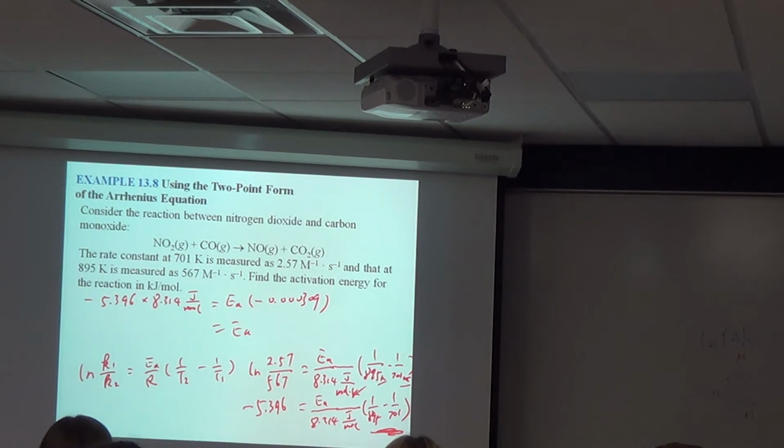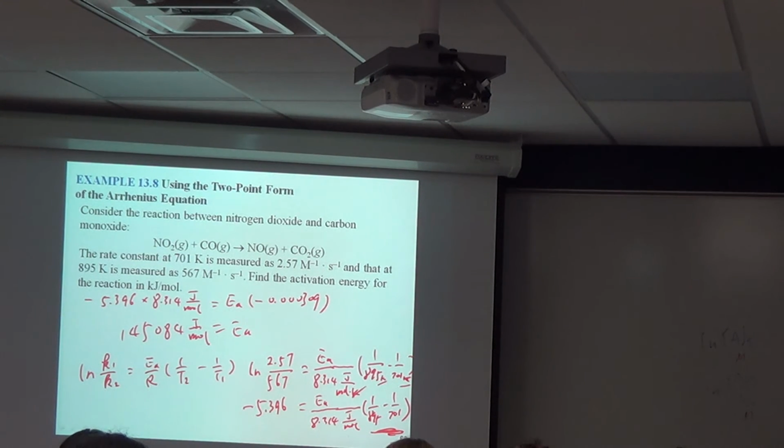EA is 5.396 times 8.314 divided by that. Divided by this. So you get 145,084 joule per mole. Any question how we get this 145?